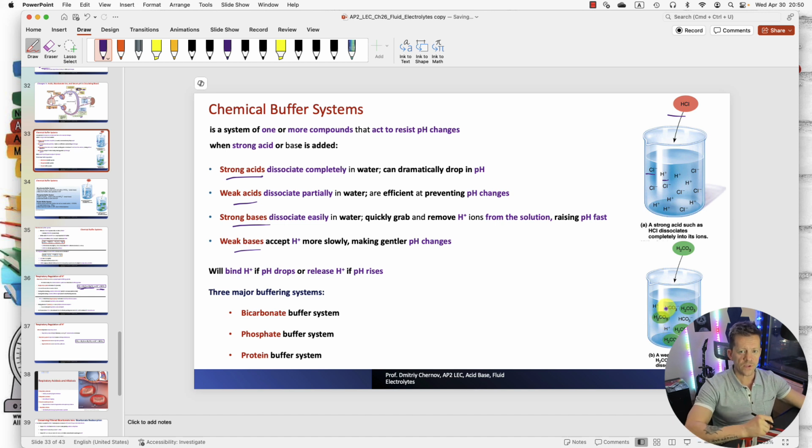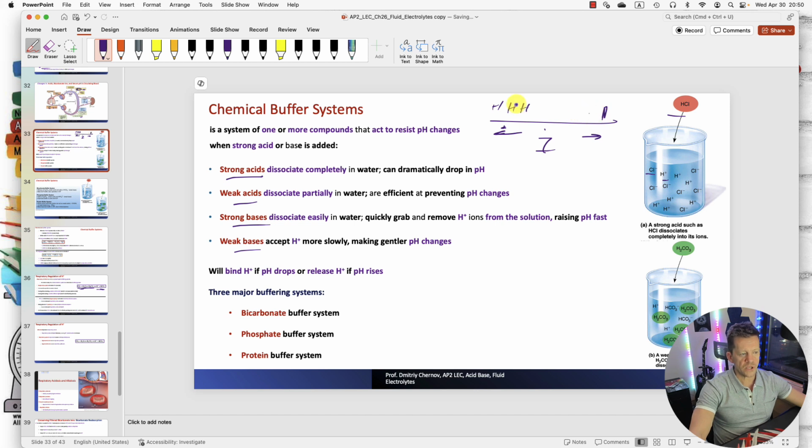So you will not have these very huge shifts, right? From the 7 to the right or from the 7 to the left, right? If you have a strong acid, then there's a lot of hydrogens. With a weak acid, you can shift hypothetically from 7 all the way down. Exaggerating, right? But the same thing with strong bases, right?